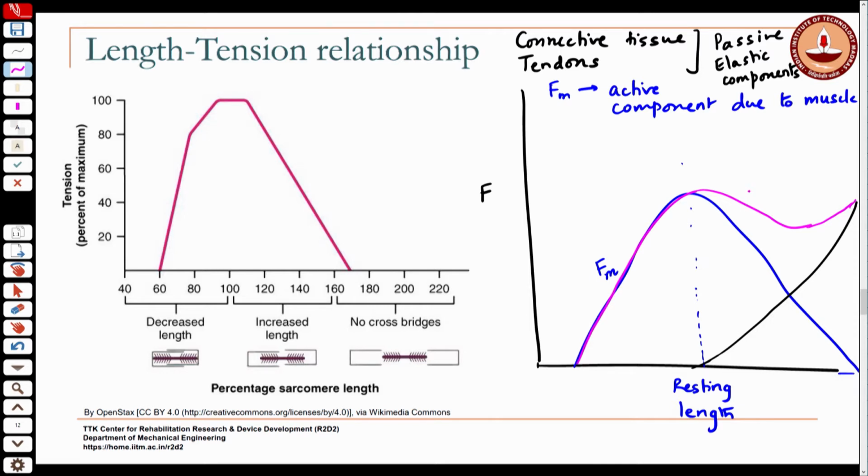This is the net force that is transmitted to the bone. So, the passive elastic components start contributing more once the muscle is past its resting length.